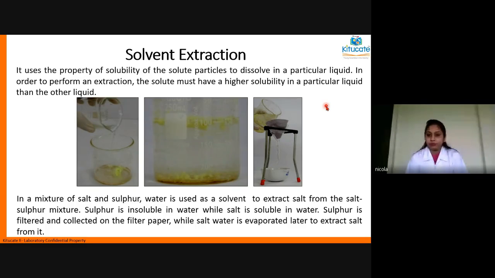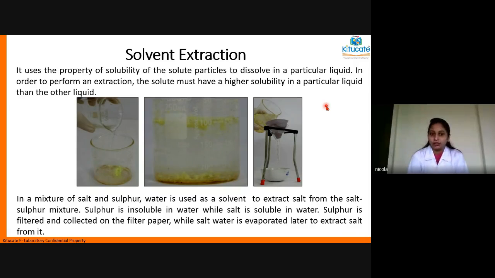And what goes into the container? Salt water or salt solution. And then we heat the salt solution, the water gets evaporated out and the salt remains back. So that is solvent extraction.